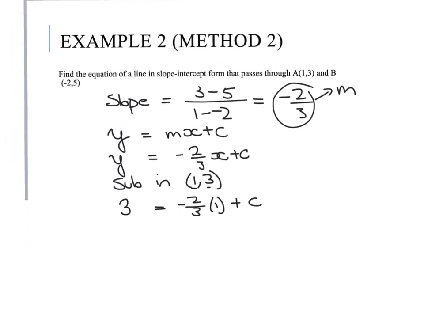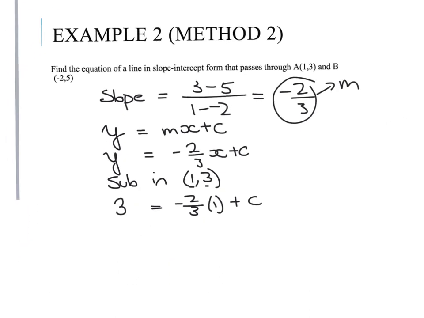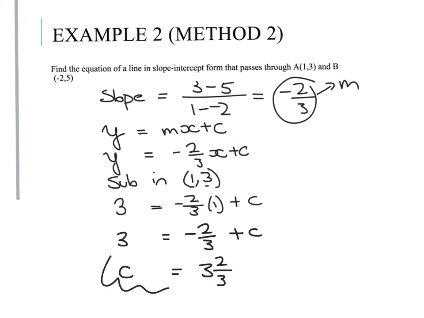And so we are going to get that 3 equals minus 2 on 3 plus c. And so if we add 2 on 3 to 3, we get c equals 3 and 2/3. And that's the answer. Alrighty? So c equals 3 and 2/3 is the answer we have to that question.